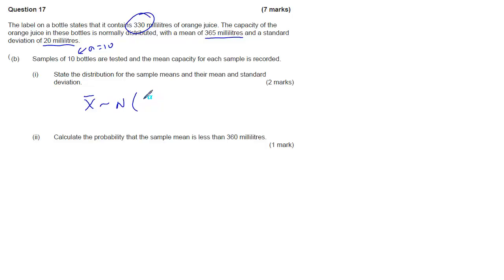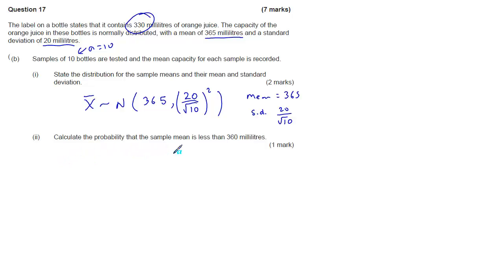The mean is always the same, but with the standard deviation we take the standard deviation and divide it by the square root of n. So the mean is 365 and the standard deviation is 20 divided by root 10.